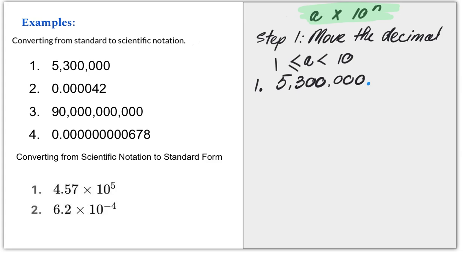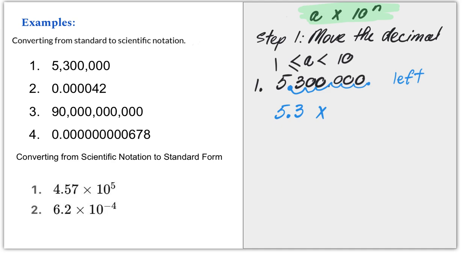Because this is a number greater than 1, we're going to move the decimal towards the left. 1, 2, 3, 4, 5, 6. I'm moving the decimal as many times as it takes until I get a number that's less than 10. 5.3 is less than 10, so I'm okay to write that number.